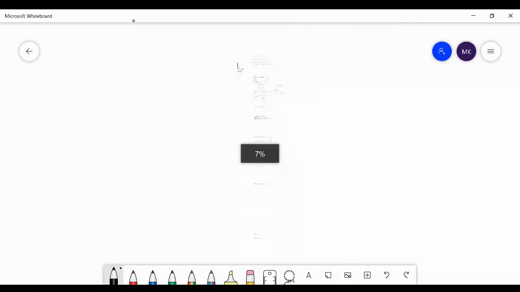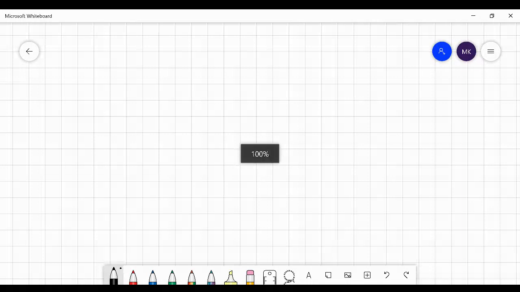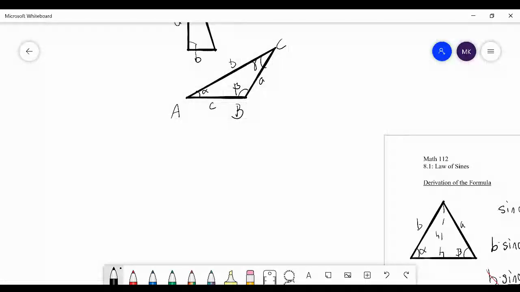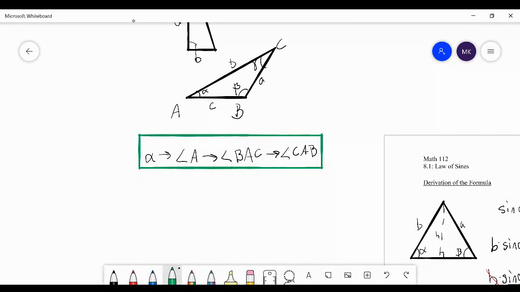We could say angle alpha, that's the same as if I have this little symbol and then A. And that's the same as if I have this little symbol and then say something like BAC or similarly CAB. All of these are referring to this angle here.